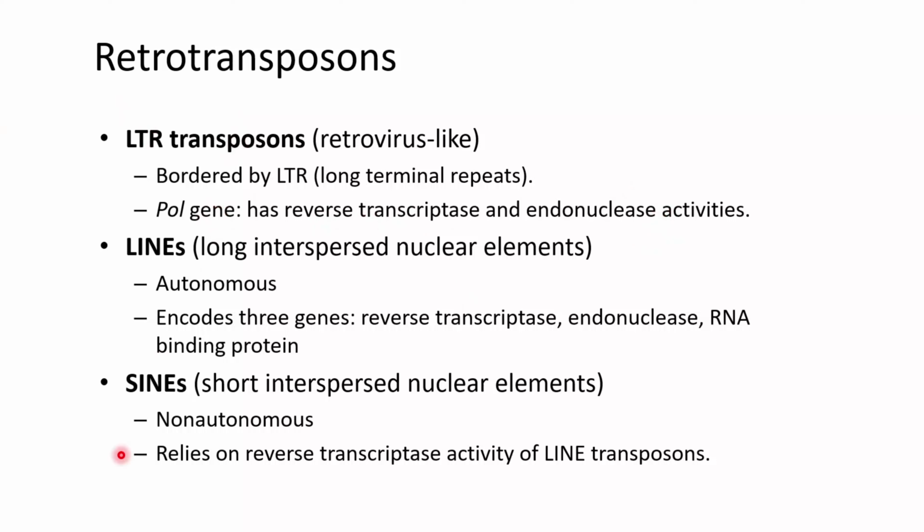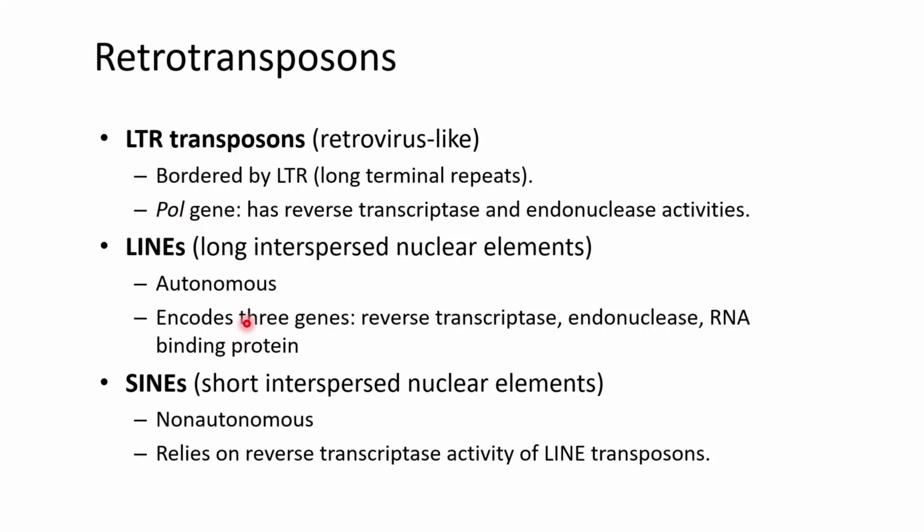Now the other two types, they don't have an LTR flanking the transposon on each side. Instead, they're just your regular DNA molecules. And the way they insert in DNA is kind of not clear. It depends really on the integrase that integrates them in the DNA.